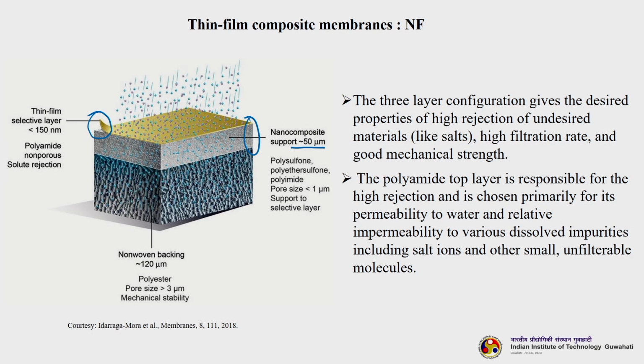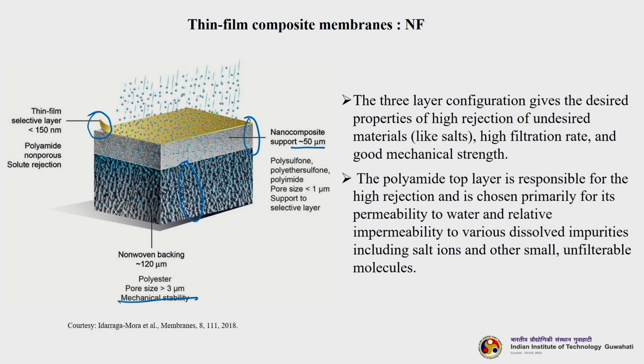Then this is the more porous structure, a non-woven backing, approximately 120 micron. Usually polyester is used, though other materials can also be used. The pore size is usually greater than 3 microns. This is providing the major mechanical stability. So, this 3-layer configuration gives the desired properties of high rejection of undesired materials like salts, high filtration rate and good mechanical strength.